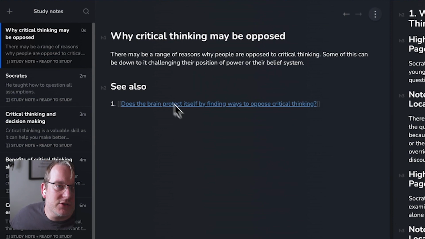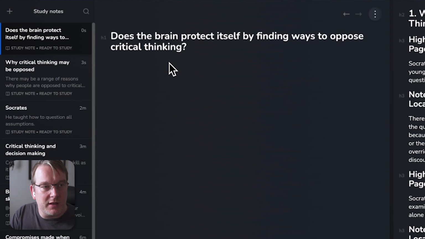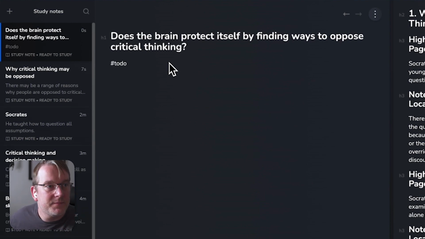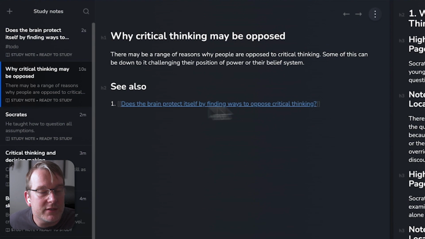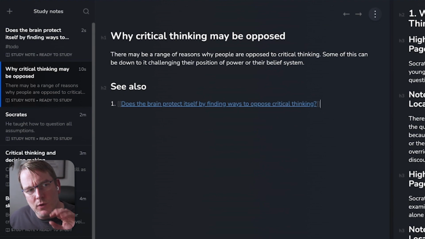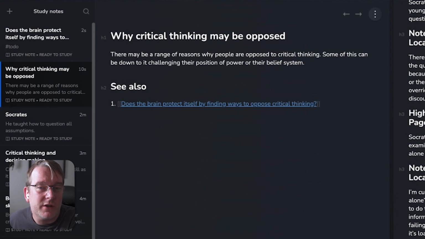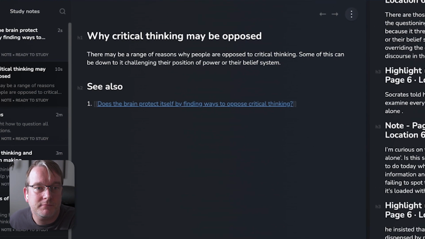Okay, so I can just create that as a note for me to come back to at some point. But it's opened up a question that I could start looking at other texts. I've recently read the book The Scout Mindset, and that seems to align its thinking with how to look at things more critically, and what's going on potentially in the brain that's protecting itself from there. So more research is needed there.